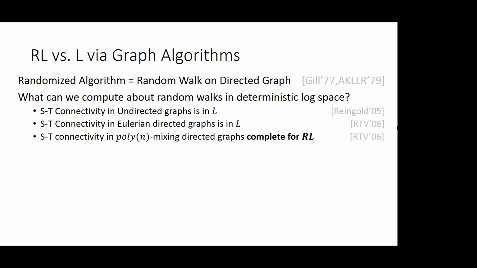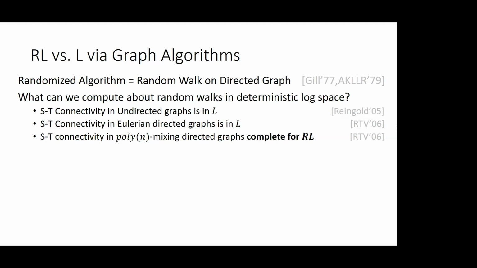And in the same paper where Reingold, Trevisan, and Vadhan showed that you could solve ST connectivity in Eulerian directed graphs, they also showed that if you could generalize this to work not just in Eulerian directed graphs, but in all polynomial mixing directed graphs, including non-Eulerian ones, then you could solve randomized log space algorithms in deterministic log space.